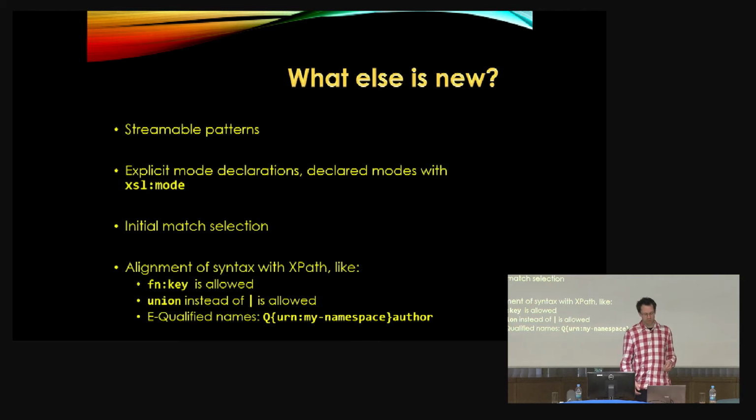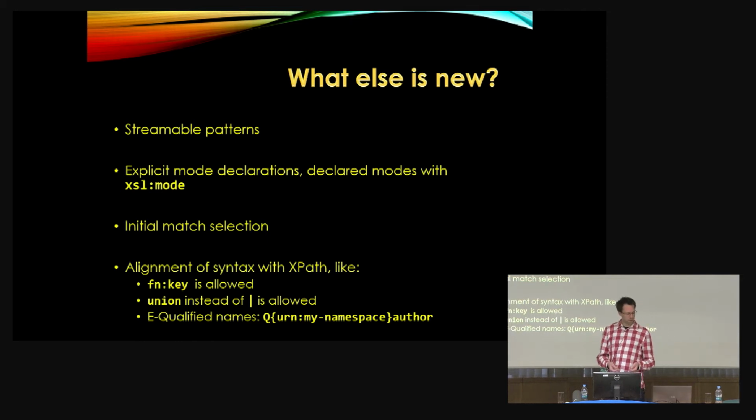And the whole syntax is more aligned with XPath now. Previously, you could write key, but you could not write fn:key if fn was bound to the function namespace. That is alleviated, is the word. You can write union instead of just a slash if that's your thing.